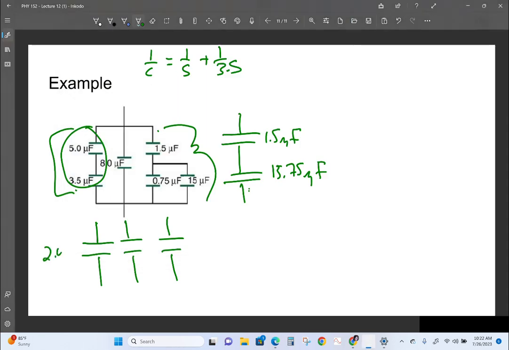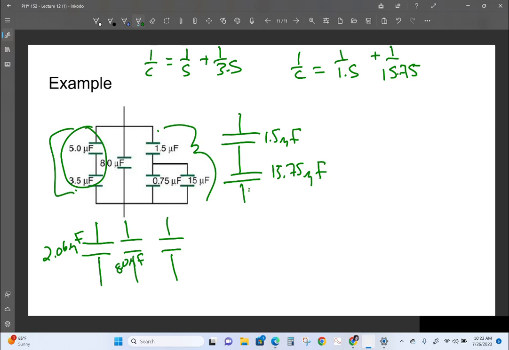So this is acting like 2.06 microfarads connected to an 8.0 microfarad. And for these two right here, 1 over C is equal to 1 over 1.5 plus 1 over 15.75.